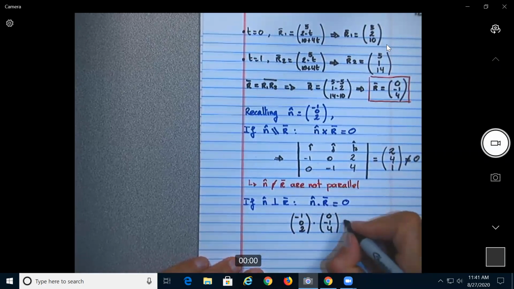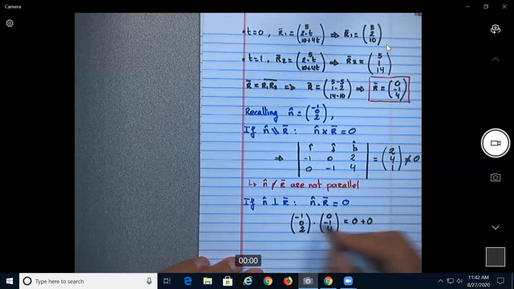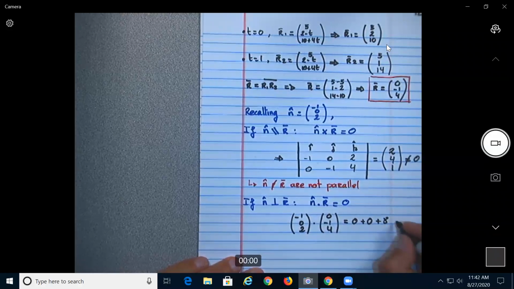This will give you 0 plus 0 plus 8, which once again is different than 0.